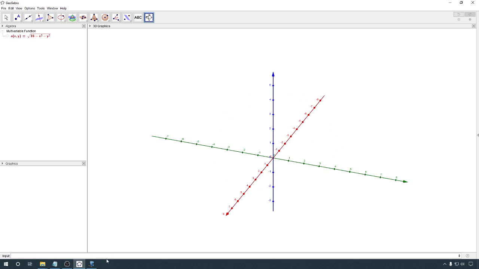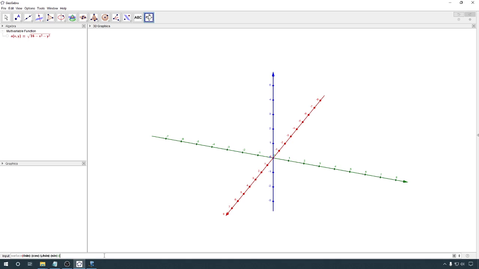So if we plot this, we have the surface. We have 4 sine u cosine v, 4 sine u sine v, and finally 4 cosine u. I'm just going to use u and v here instead of phi and theta, because I need to type these in and single letters are a little easier.